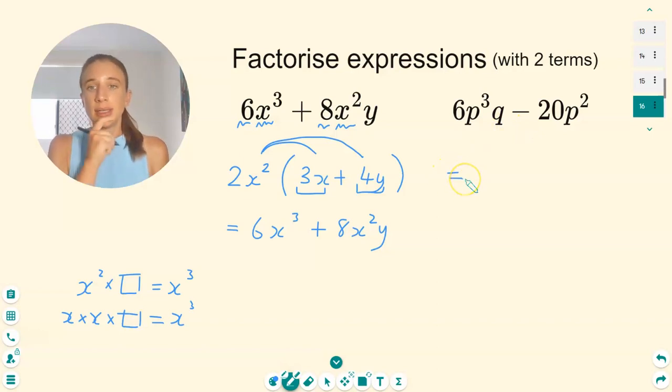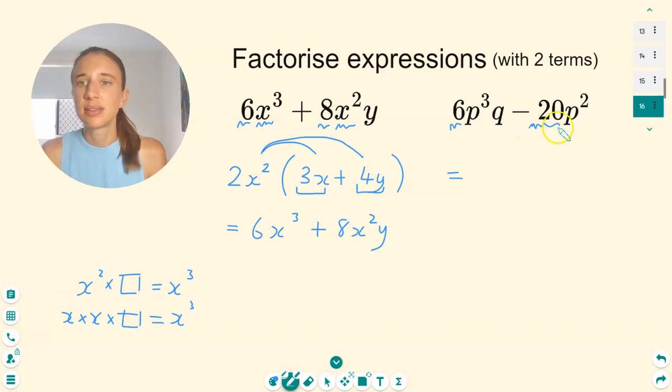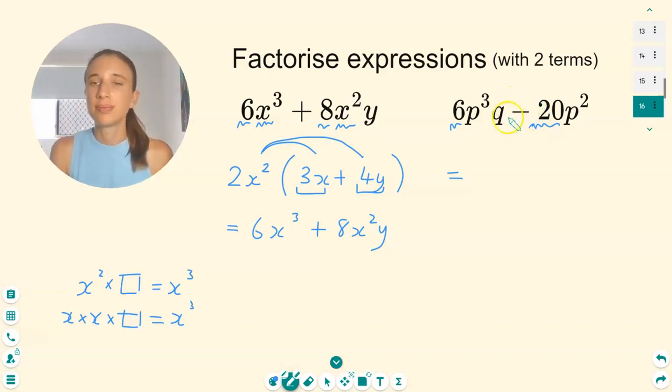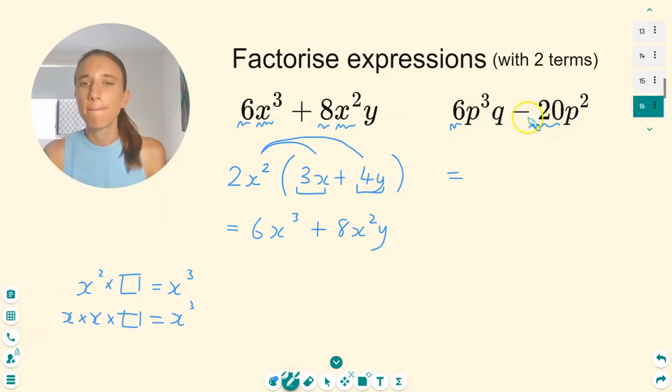Okay, checking our coefficients with factorizing this one. Ignore your negative for now. What's the common factor between 6 and 20? 6 doesn't go into 20. Half of 6 is 3, and 3 doesn't go into 20 either. They're both even numbers, so a dead giveaway is that one of the factors is 2.